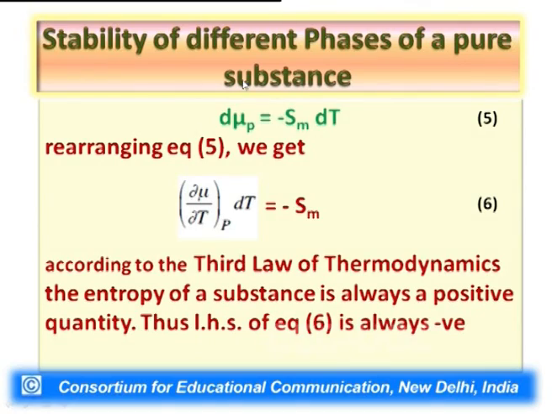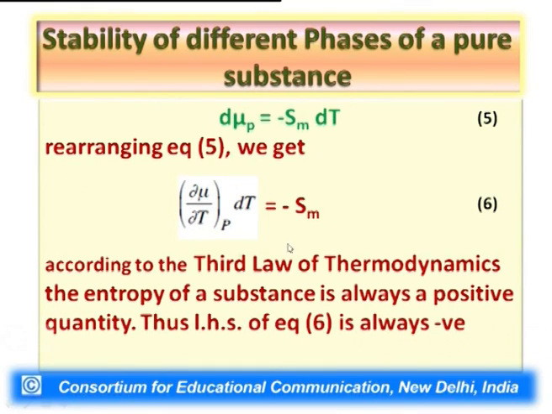That is, if we keep the pressure constant, chemical potential will change only depending upon the change in temperature. If temperature changes, then only chemical potential will change. Okay. So, d mu at constant P, which is nothing but the change in chemical potential, equal to minus Sm dT.